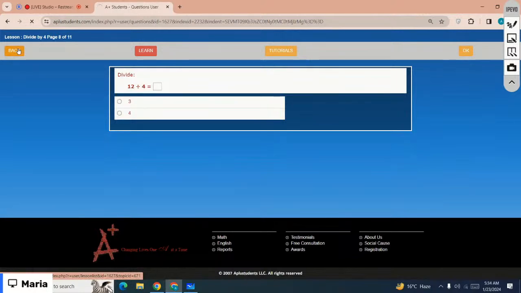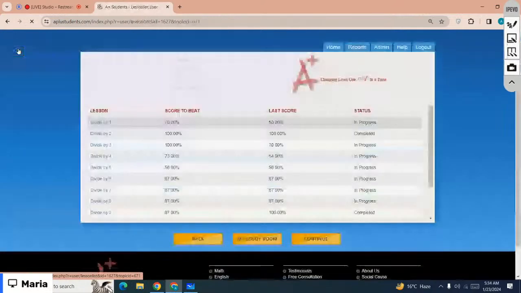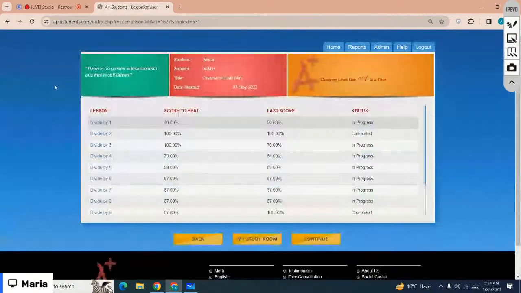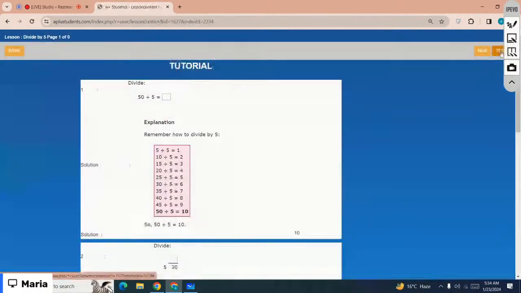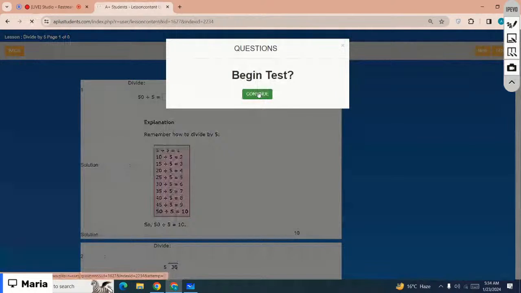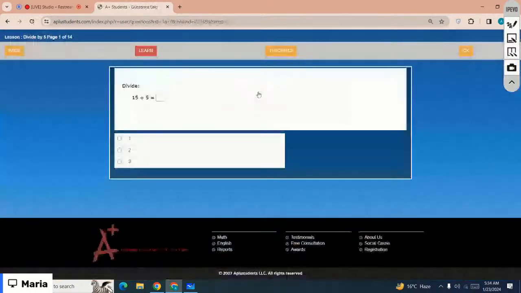The next one is divide by 5. We're going to learn how do we divide by 5. Okay, the next one. The first one is 15 divided by 5. You need to count a table of 5 until you get the answer 15.